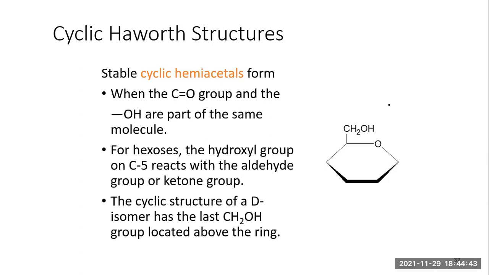So when you've got 6 carbons like we looked at already, it's usually carbon number 5 that will go and find the carbon oxygen double bond. It could be the aldehyde group at the top. It could be the ketone group a little bit in, and it will form a structure based on either 5 carbons or 4 carbons that has that OH group attached in there.